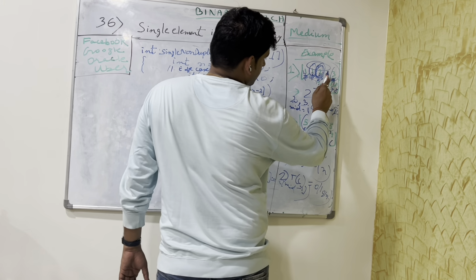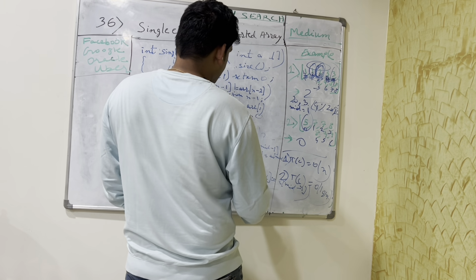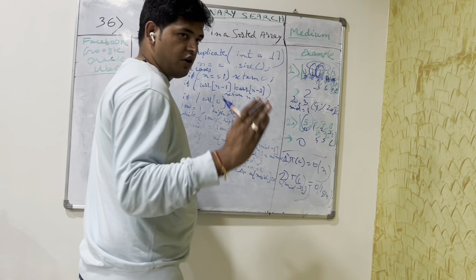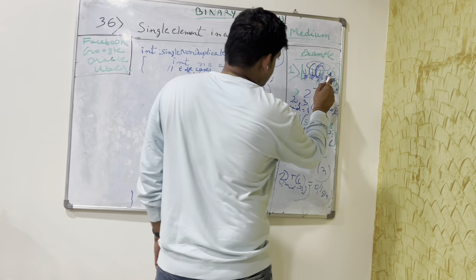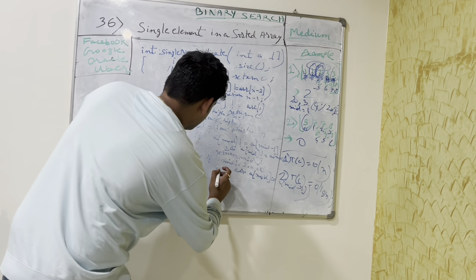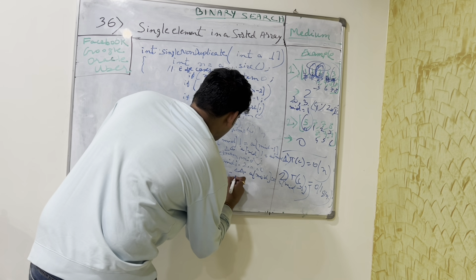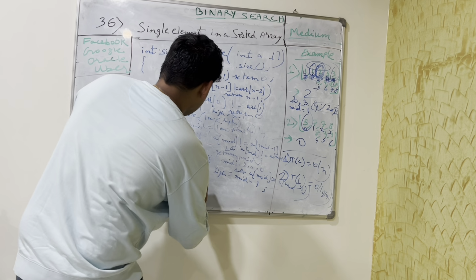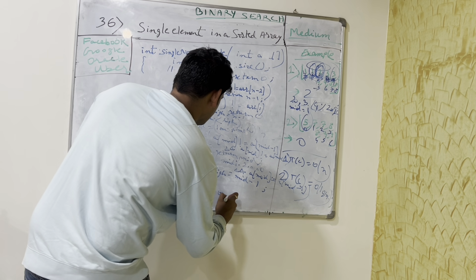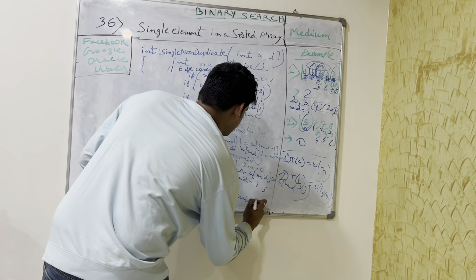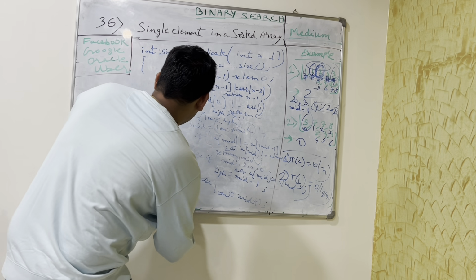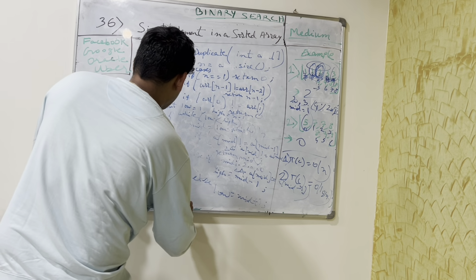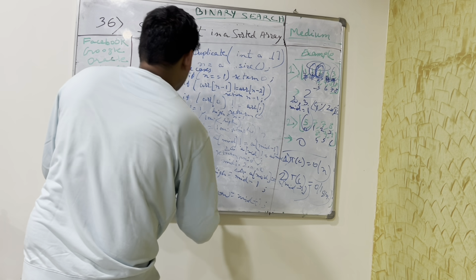It should have been equal to the next one. It is not equal to that one, it is equal to this. That means there is some issue over here. High is equal to mid minus 1. Else low is equal to mid plus 1. Okay, and then here we will have our answer. If we don't get any answer, we will return minus 1.